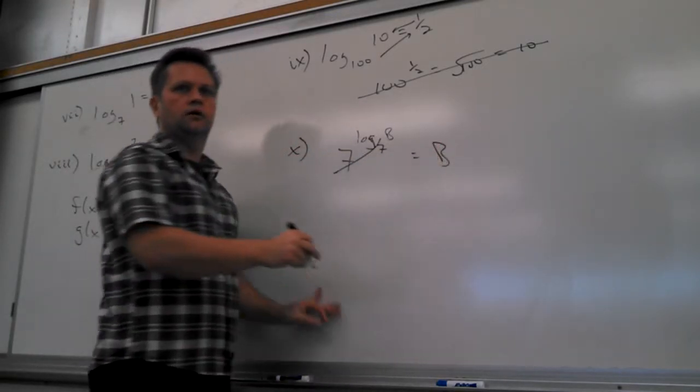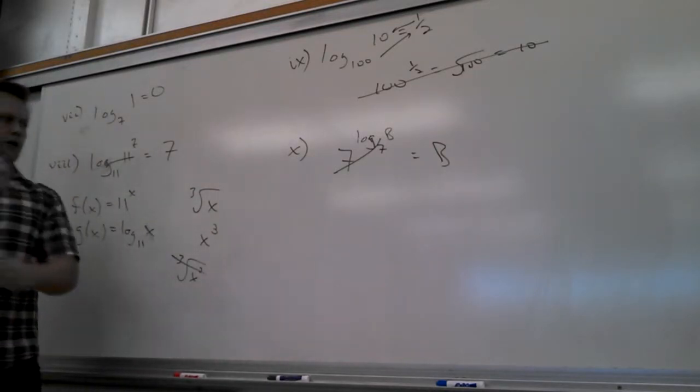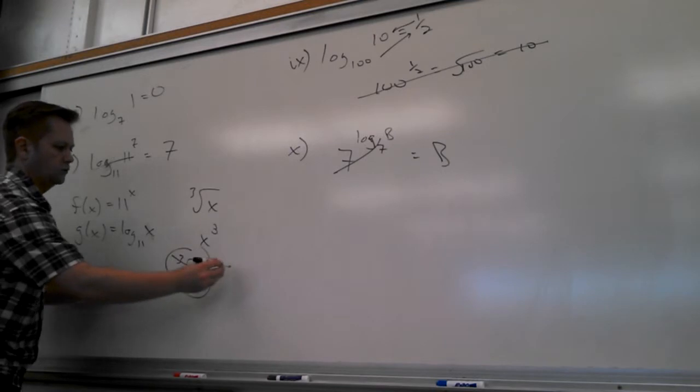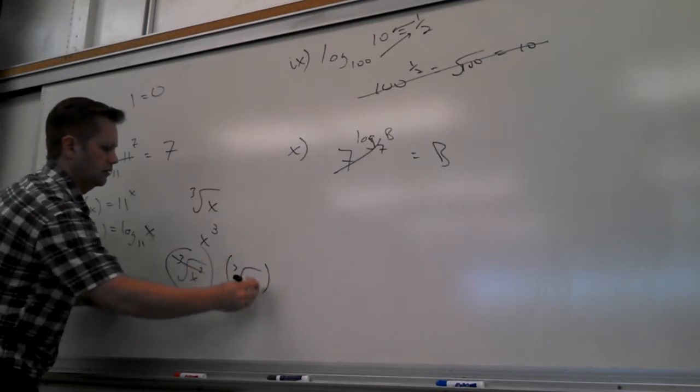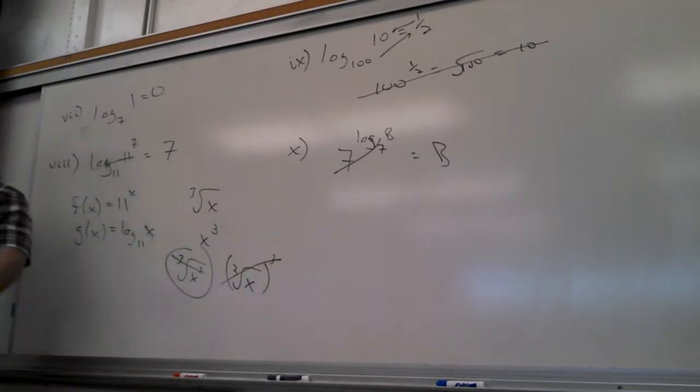So the answer is b. They cancel each other. What happens if I put the cube on the outside? Does something different happen? No, they still cancel. Anytime an opposite function acts on its function, it will kill it. I don't care if one's on the inside, one's on the outside, who cares?